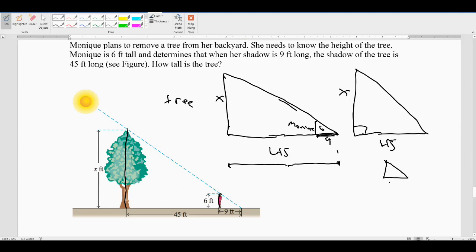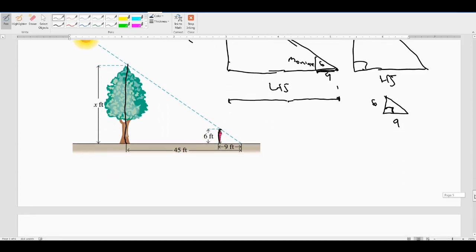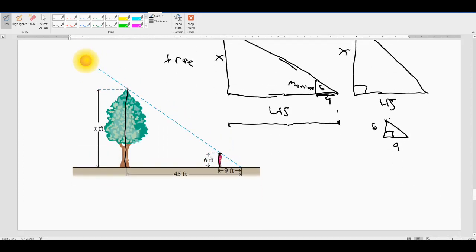These are right angles, by the way. That's 6 and 9. And we're going to use these two triangles, one's inside the other, to find our equation, because these are similar triangles. So if you take X over 45, and X represents the height of the tree, the ratio of the similar triangle that corresponds to X over 45 would be 6 over 9.